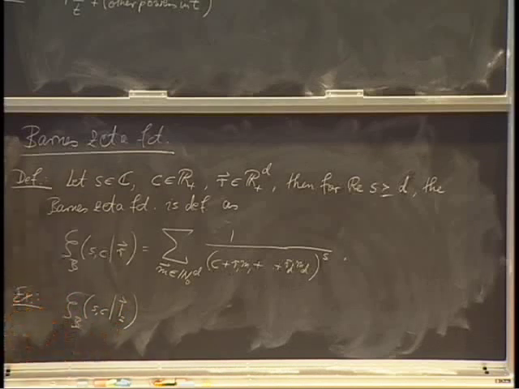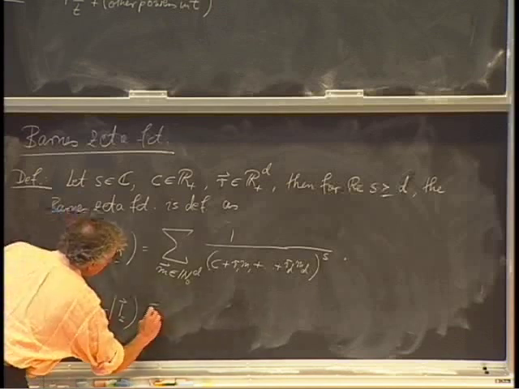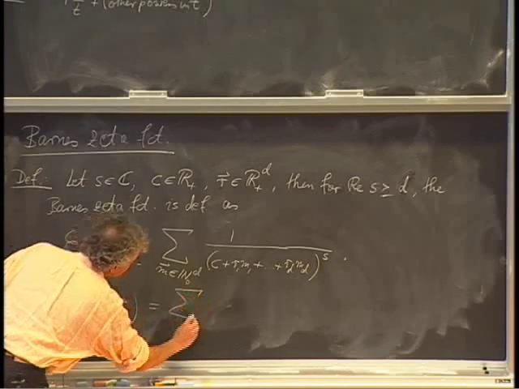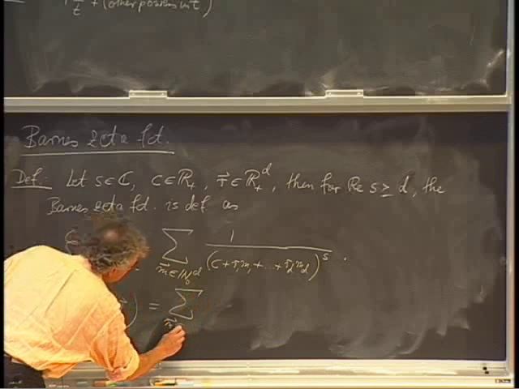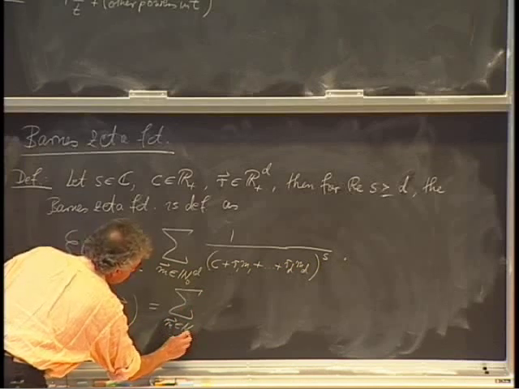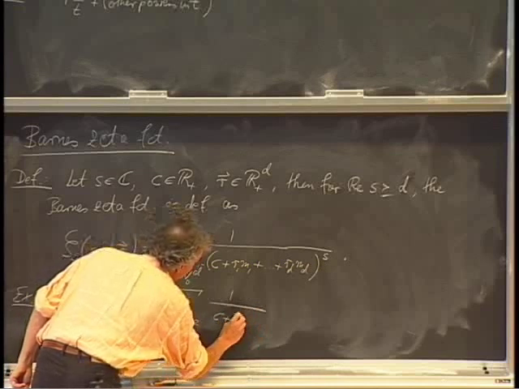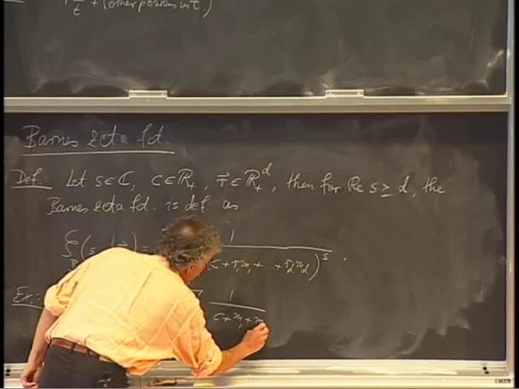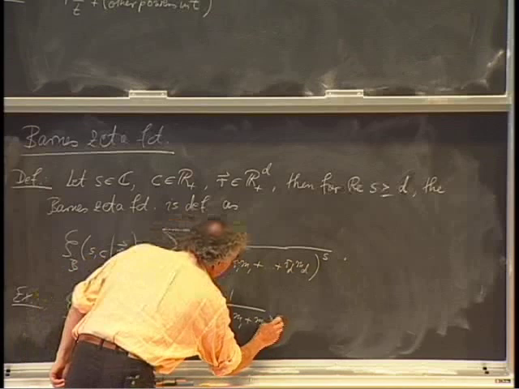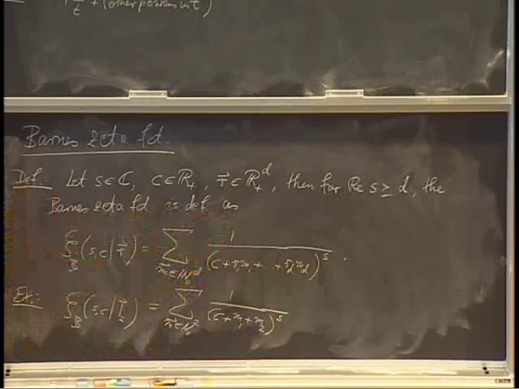All components are 1. It's actually not a unit vector in 2 dimensions, but it has components 1, 1. So this is the function we are looking at, and we want to know some properties of it.